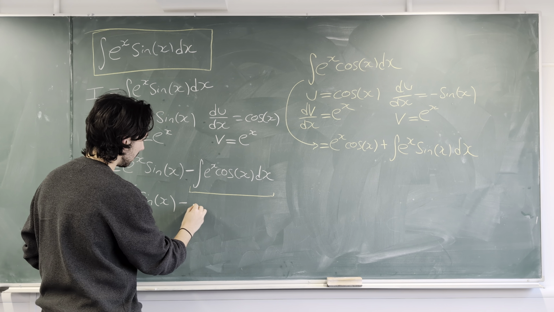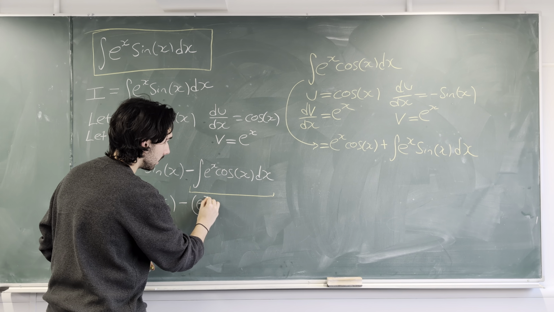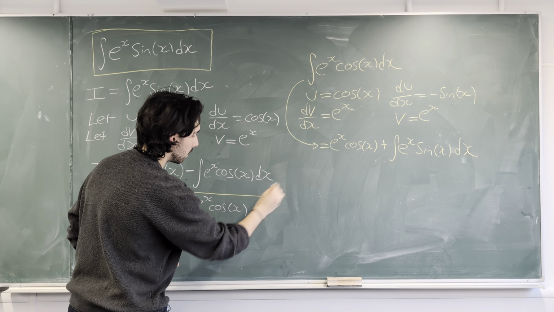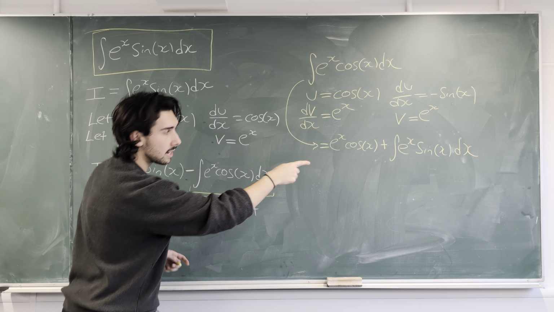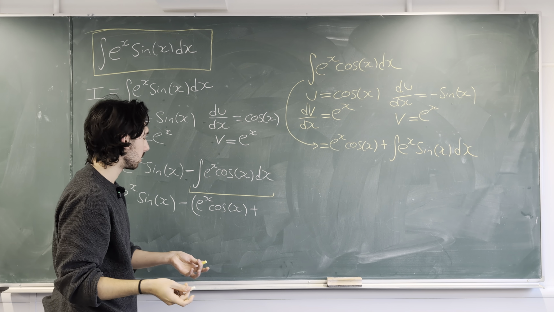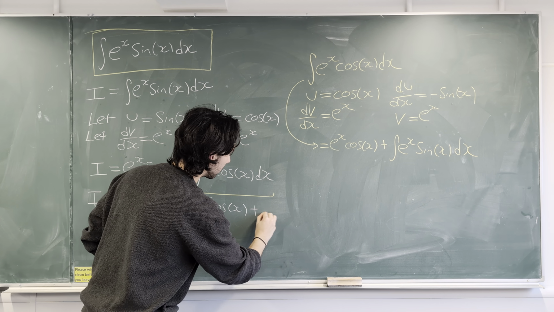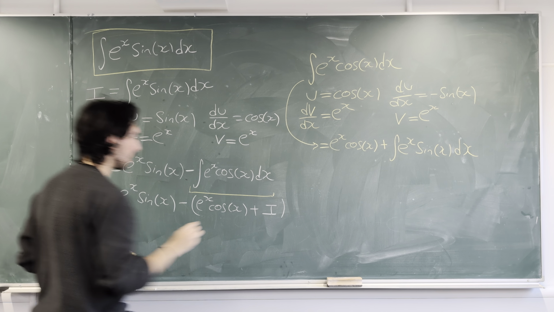So minus, in brackets, e to the x cos x plus e to the x sine x. But guys, what is e to the x sine x? Well, it's just I, it's just the integral. So plus I here, close bracket.